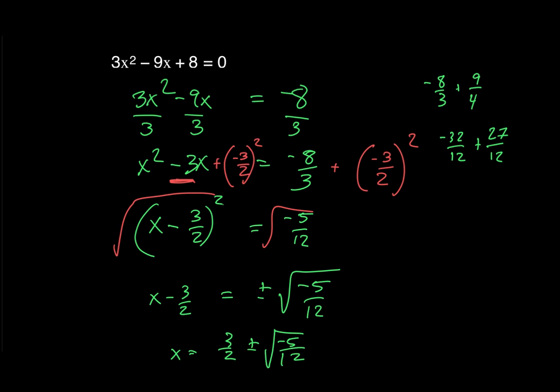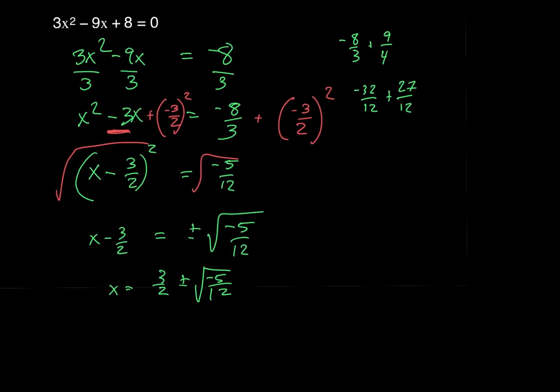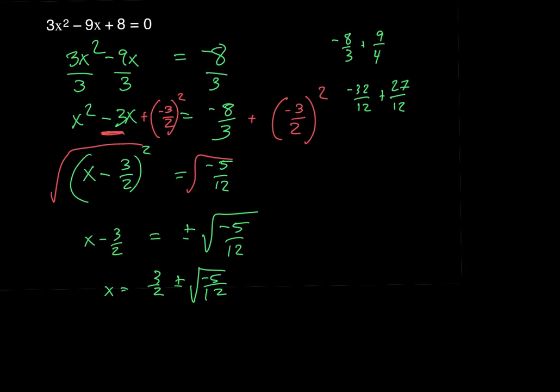So we get to here. The other thing at this point, though, we're also going to look and say this nugget, this piece, we don't like having, so I'm going to rewrite it as the square root of negative 5 over the square root of 12. We don't like having a square root in the denominator. So I'm going to multiply this by 1.